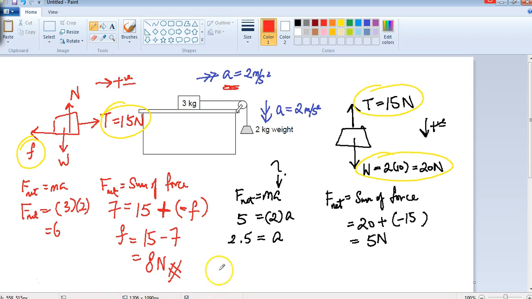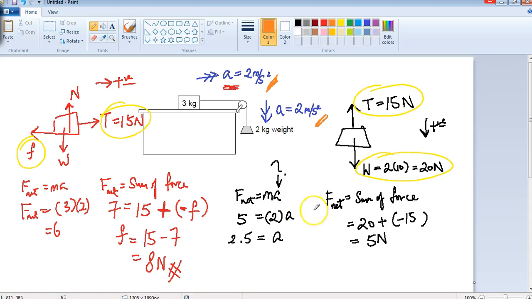Okay? So the challenge in this MCQ question is that it actually involves many steps. You have to isolate the 3 kg block into one free body diagram and the 2 kg block in another free body diagram. And you need to have two insights. Number one is that this acceleration and this acceleration must be the same.